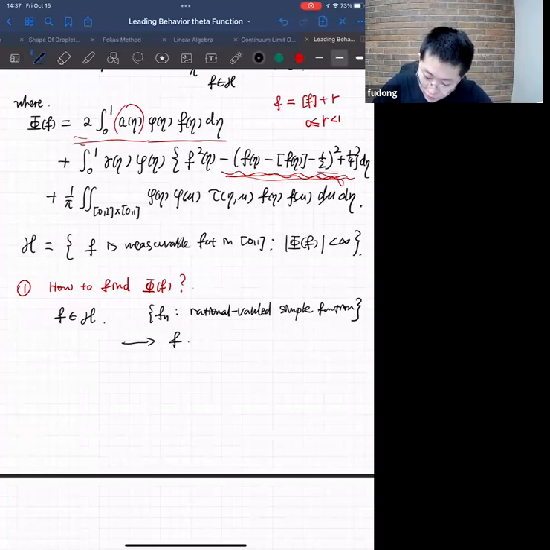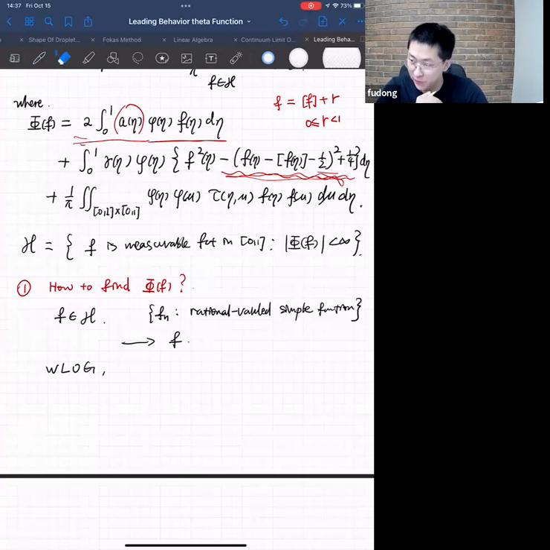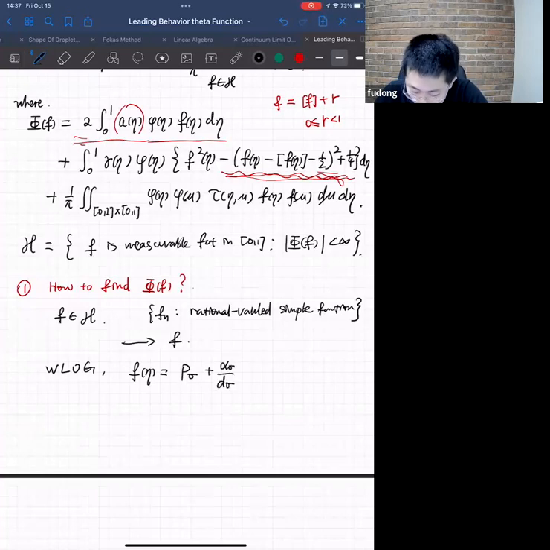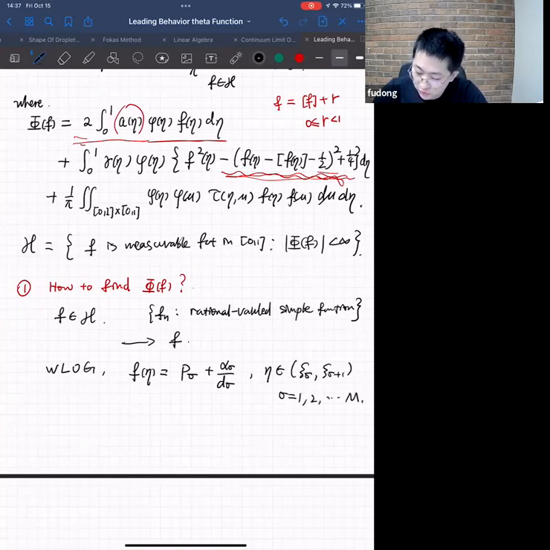And so without loss of generality, we assume f is a rational valued simple function, and we define it in this way: p sigma plus alpha sigma over d sigma, when eta is in this interval, where sigma is from 1 to m, assuming it has m values. m could be very, very large, right?